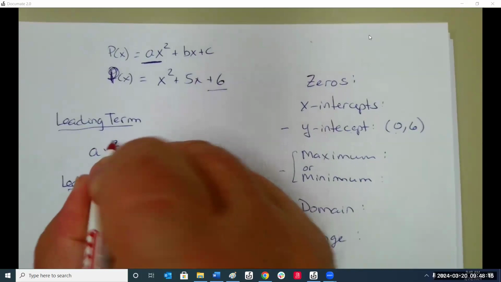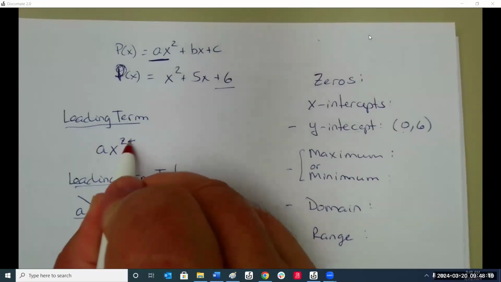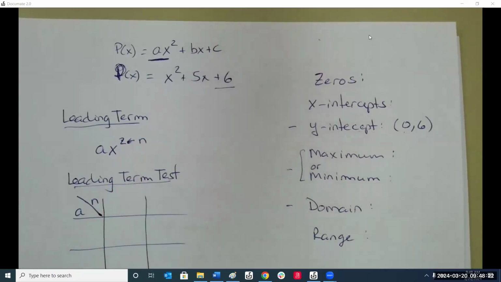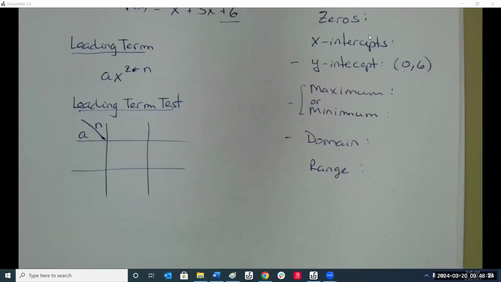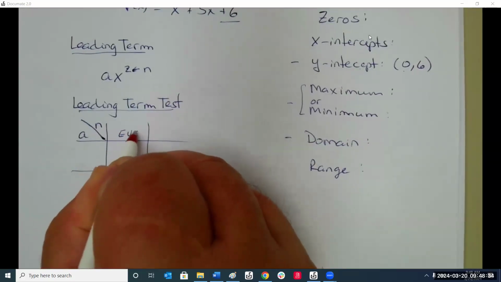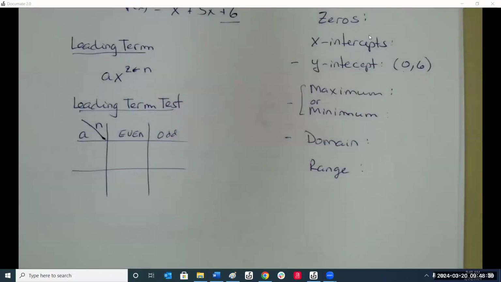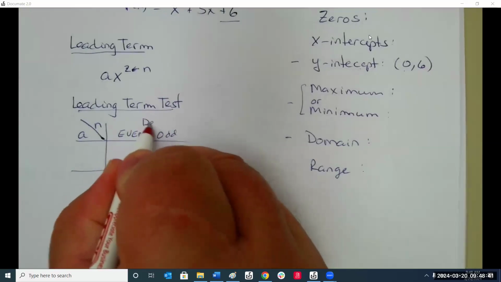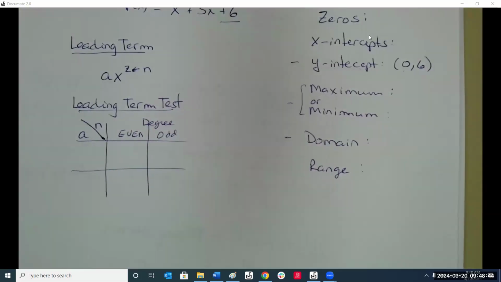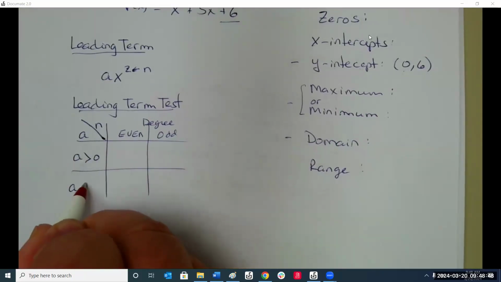The exponent is n. So n can be even or odd. That's the degree. This is the degree of the equation. And a can be positive or negative.